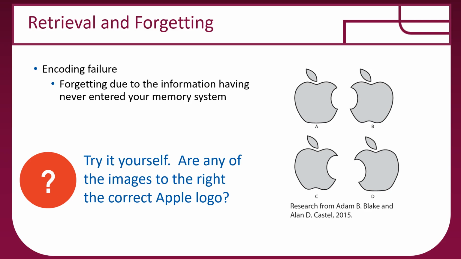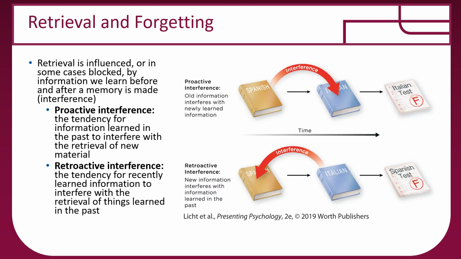You might say, well, I've seen the Apple logo 100 times, and please, if you have an Apple that you're using right now, that's going to mess this one up. But I don't know which is right or wrong here, because I know I've seen it, but I've never spent the time to encode that information into my memory. So sometimes that is a reason that we can't retrieve the information.